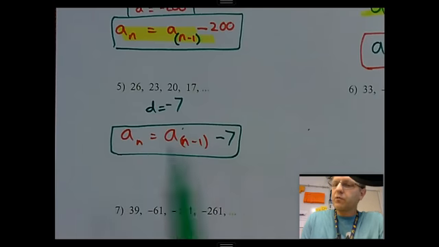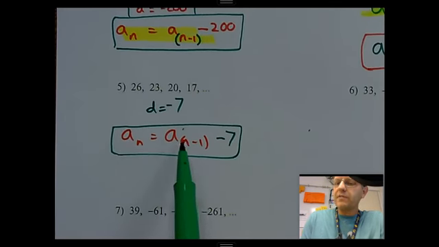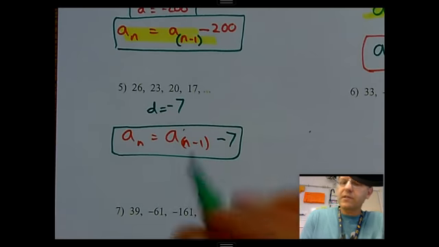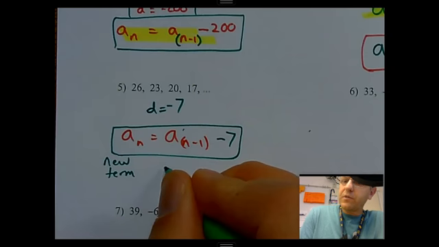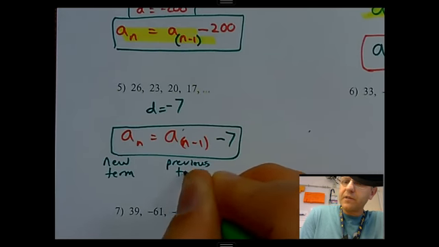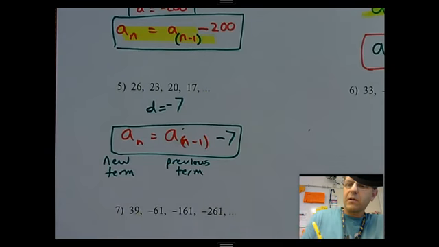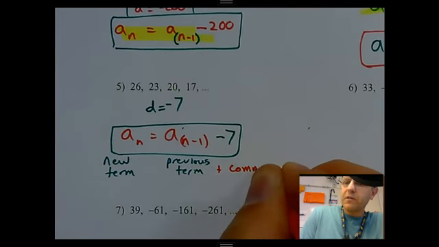Bam. So remember, this says your new term is equal to the term to the left minus 7. This is your new term is equal to the previous term, the one to the left, and then plus your common difference.